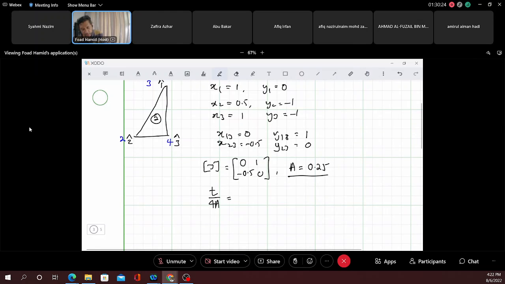So T over 4A should be equal to 20 times 10 to the minus 3 over 4 times A, and A is 0.25, so this is 1.